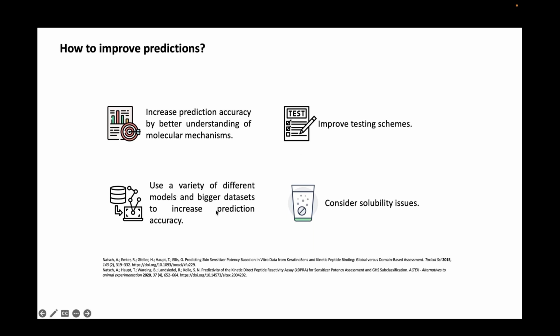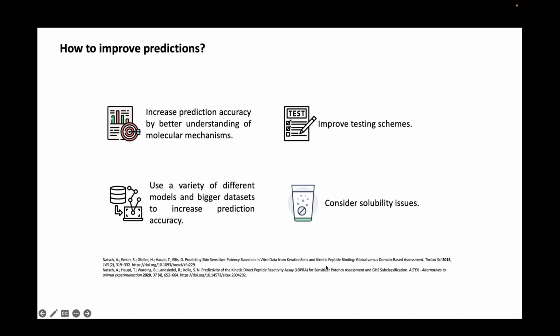We need to use a variety of different models. This is this integrated approach we are talking about, and use as many data sets as possible from which you know that you can trust the data. This is also very challenging. What data can you trust? Which data set should you use? So this is also a very important point to consider.